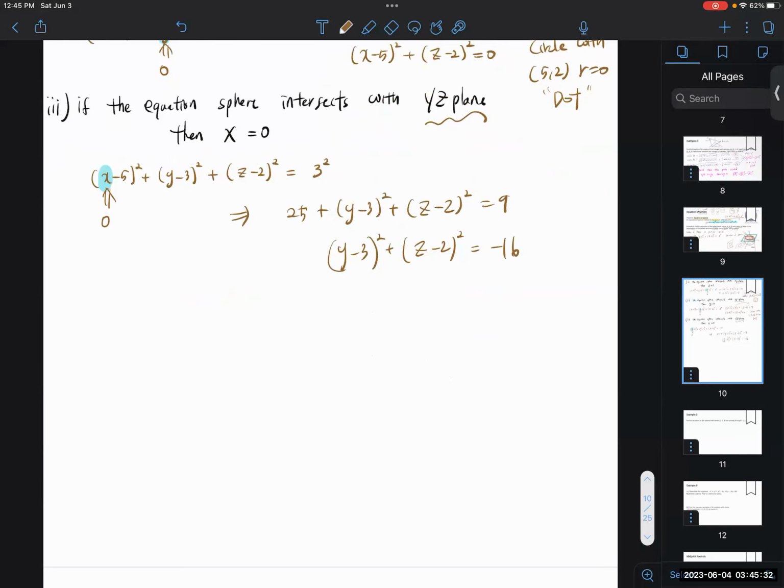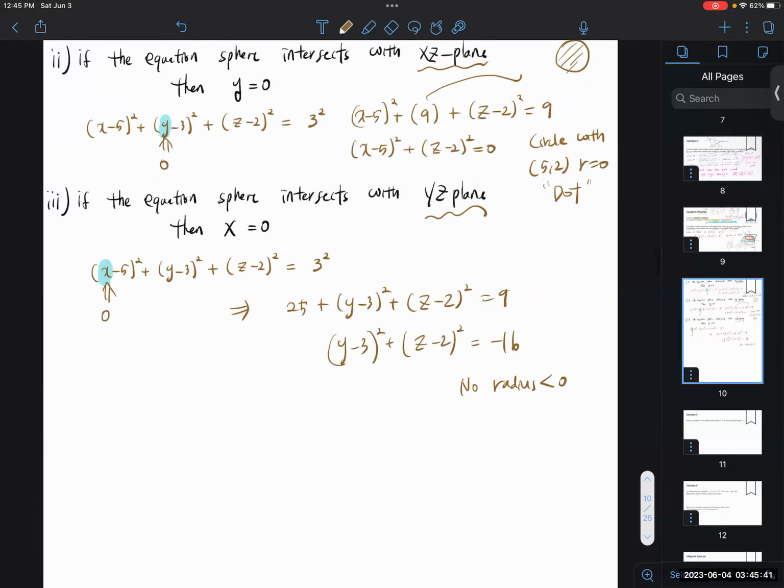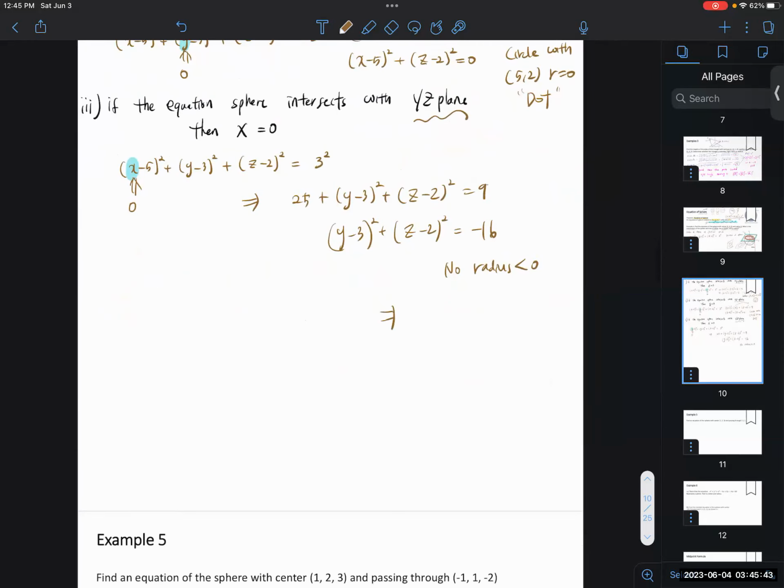There's no negative radius. There is no radius less than 0. So what does it mean? This sphere equation will have no intersection with the YZ plane. So that's the conclusion.